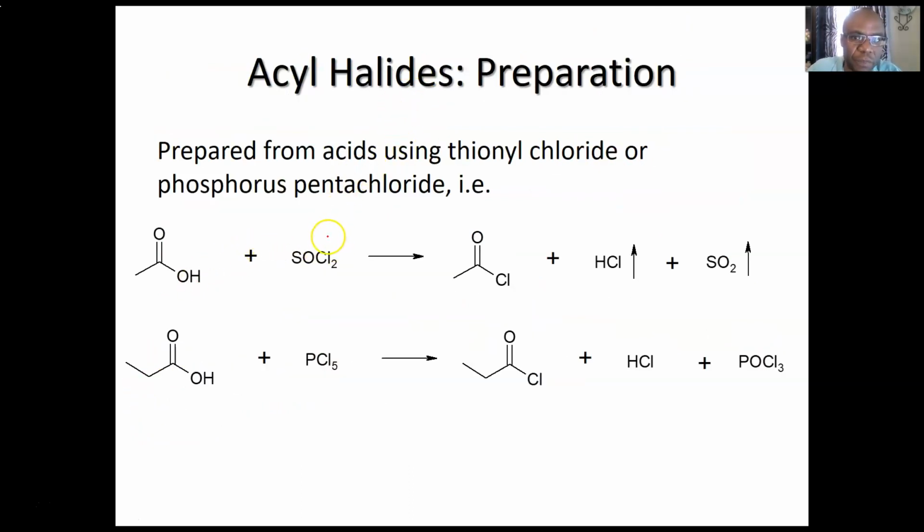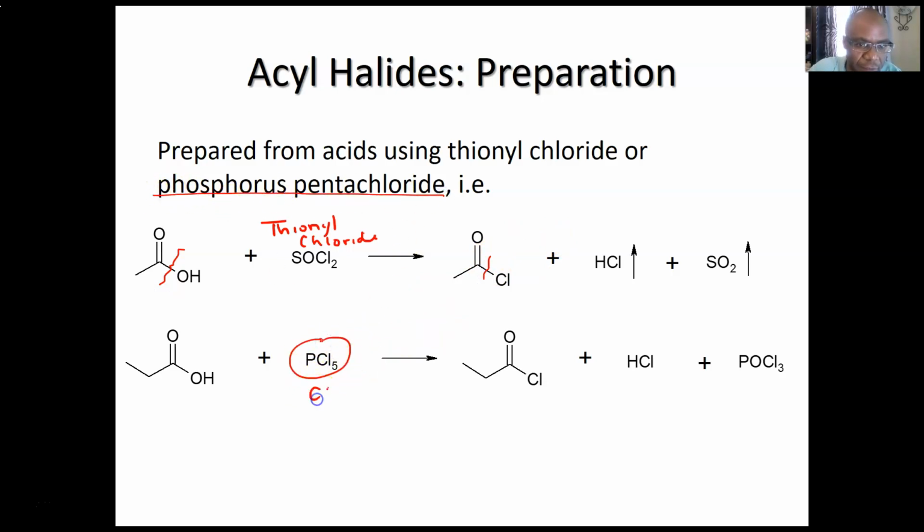So how do we make them? They're prepared by using what we call thionyl chloride. That's thionyl chloride, which is used to replace the OH with a Cl. Or you can use phosphorus pentachloride.